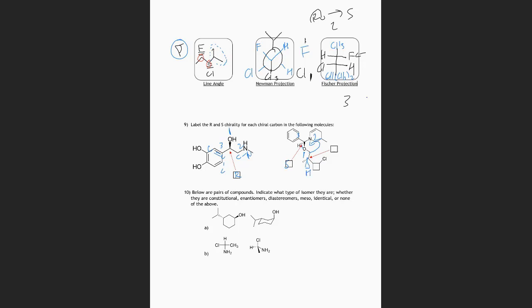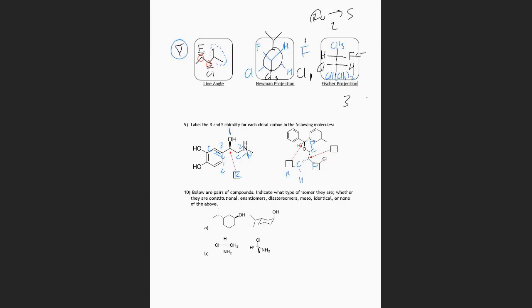So the first group is, this one's actually a little tricky because they're all carbon connections. So let me erase some stuff and we can try and figure out which carbon has the first priority. So this carbon here, this one's a carbon, this one's a carbon, this one's a carbon. This carbon is connected to hydrogens.